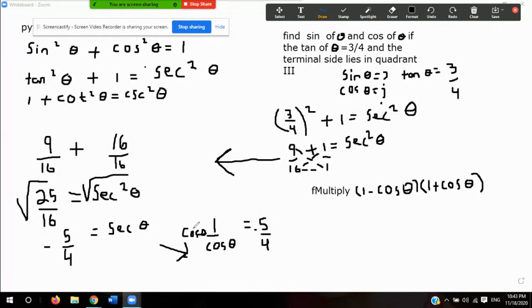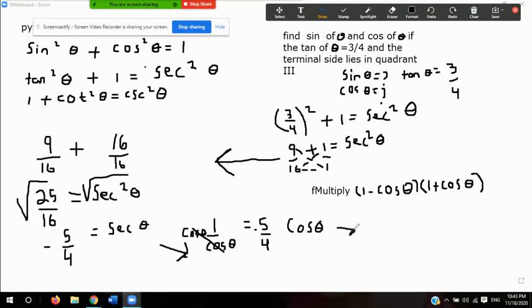This is going to cancel out, and that gives me the equation 1 equals negative 5/4 times the cosine of theta.